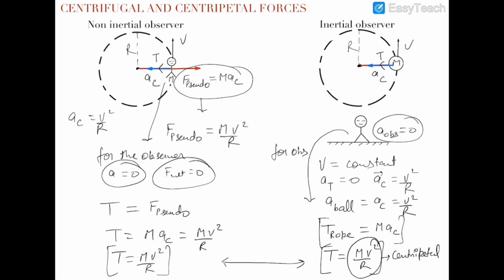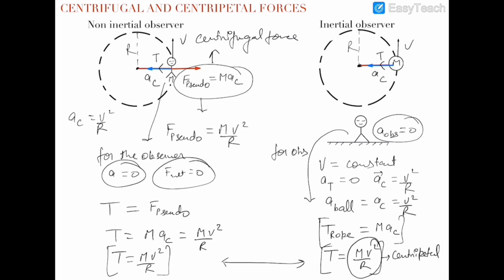But in the case of the inertial observer, the acceleration of this ball is not zero, while in the case of the non-inertial observer, who is himself rotating in the circle, the acceleration will be zero and the net force will be zero, which means that the centrifugal force, as we call it, is nothing but the pseudo force which is acting on the rotating object itself when he is observing himself while rotating in the circle. So this is the centrifugal force.